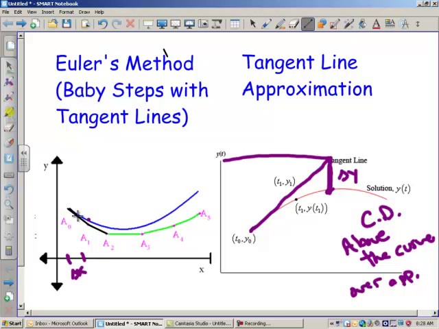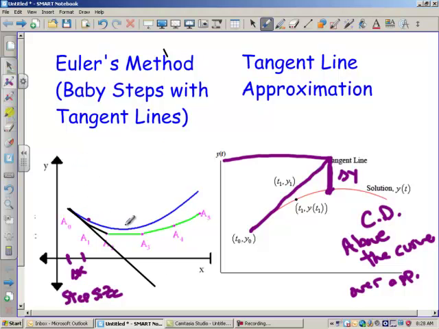The original tangent line would have kept going like this. But if we stop at these delta x's or these step sizes, these baby steps, we stop and reevaluate our slope, then we stay closer and closer to the actual solution.